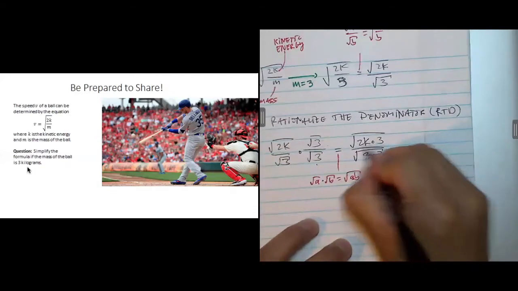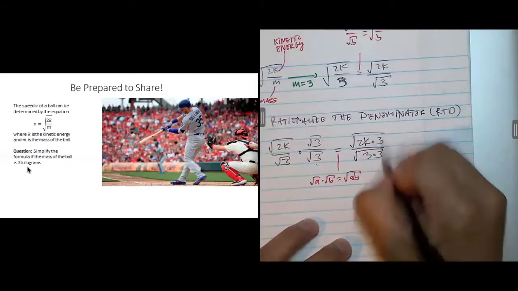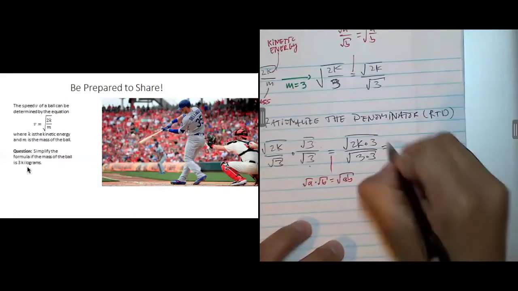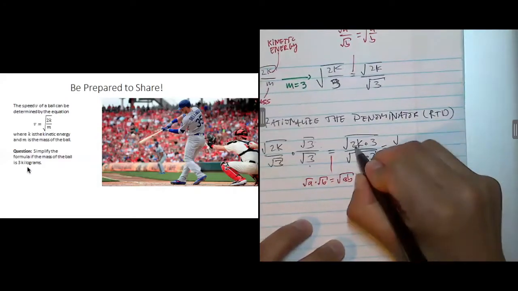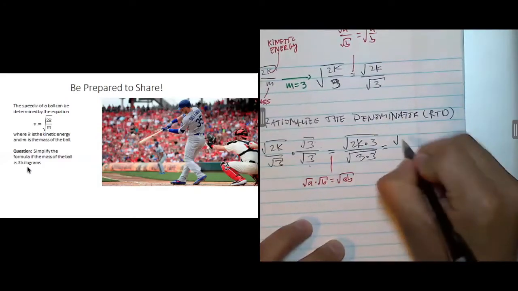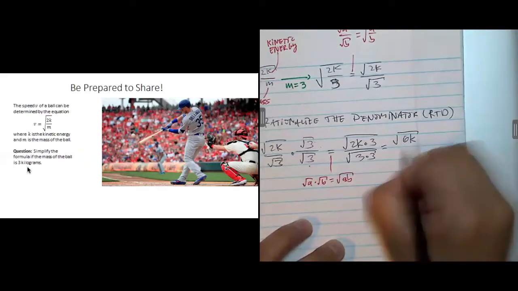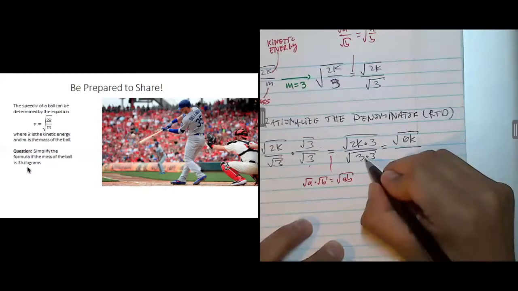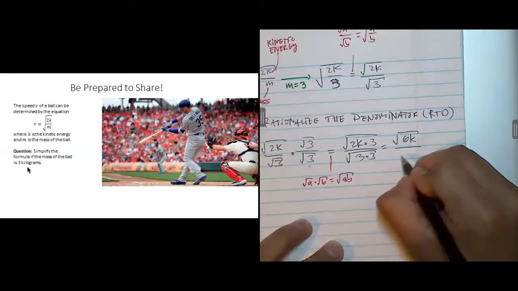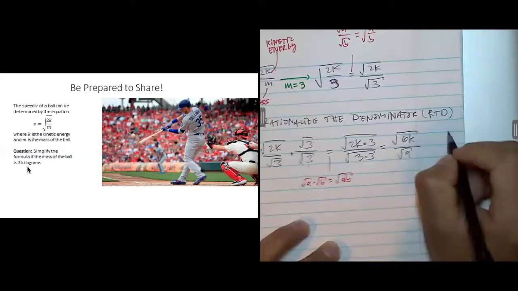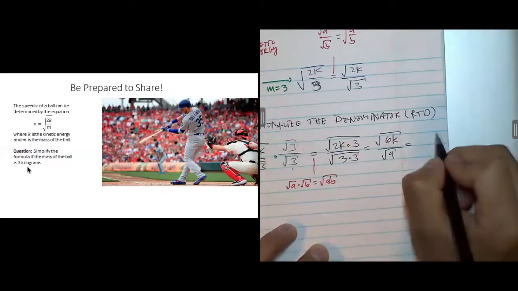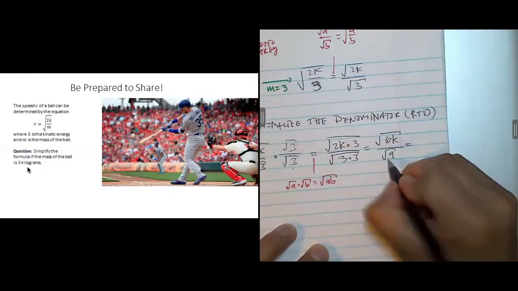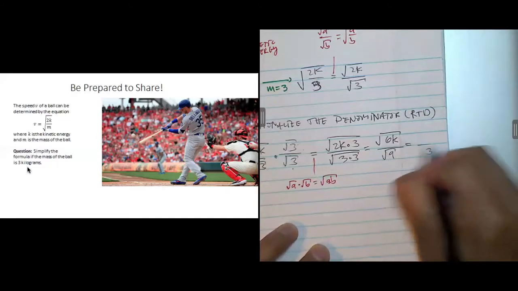So now I can just multiply the radicands of both radicals, and I have 2 times 3 is 6k, the square root of 6k, and the square root of 3 times 3, which is 9. And the square root of 9, we can continue. The square root of 9 is 3.